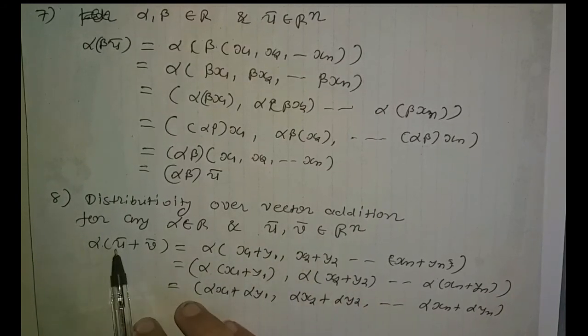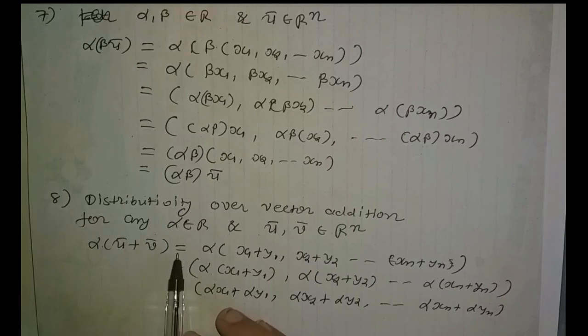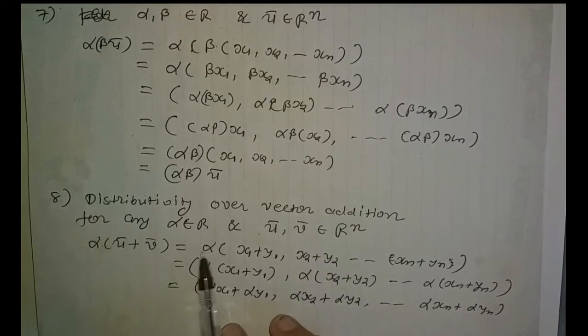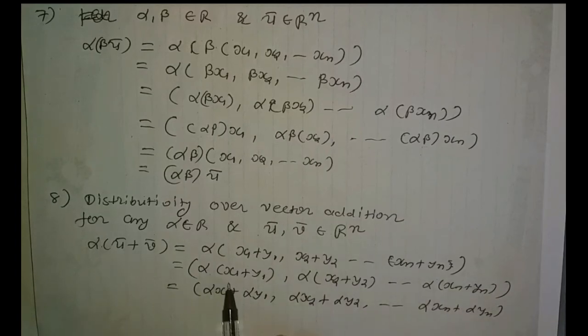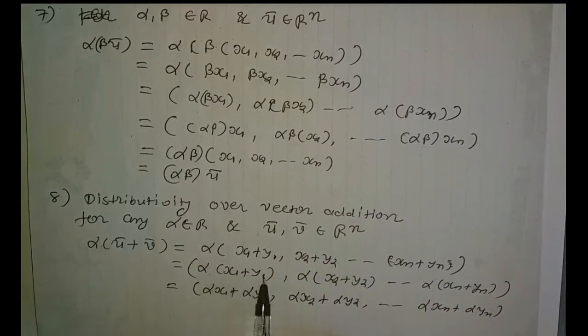Now alpha (u bar plus v bar) is equal to alpha times the vector addition (x1 plus y1, x2 plus y2, xn plus yn), and scalar multiplication gives alpha (x1 plus y1), alpha (x2 plus y2) and alpha (xn plus yn). Simply multiplying, we get alpha x1 plus alpha y1, alpha x2 plus alpha y2 and alpha xn plus alpha yn.